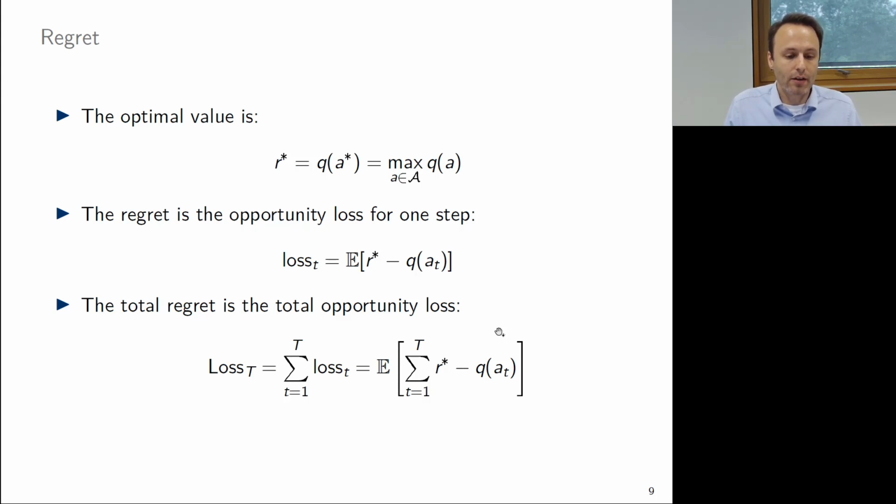And so the loss per time step per trial is then the expectation of this best action value minus the action value that we have actually in our experiment. So the R star is something that is a little bit hypothetical, but we will see how to do that in practice as well. And the total regret is just the sum of all the losses that we incurred over time until the end of the experiment, which is capital T.